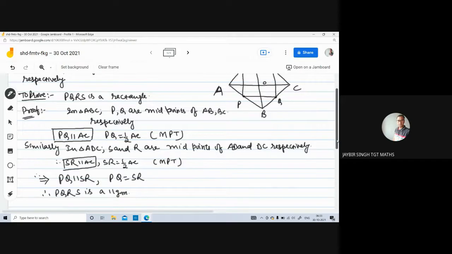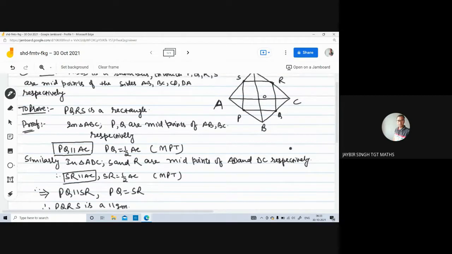Now, if it is a parallelogram, we have to prove that PQRS is a rectangle. I'm doing it here. See, what will be the value of this angle O? This angle will be 90 degrees. Okay.